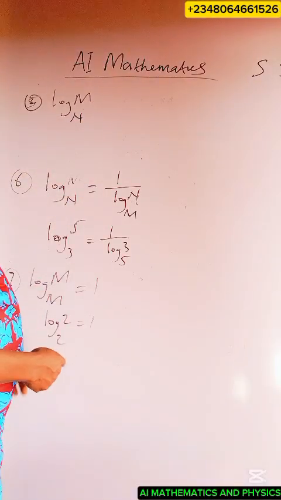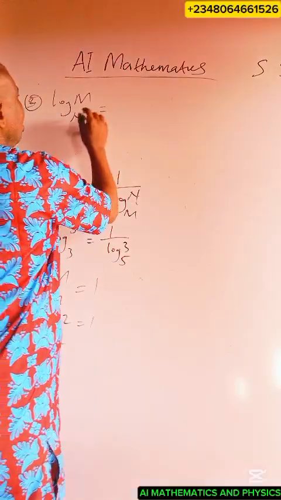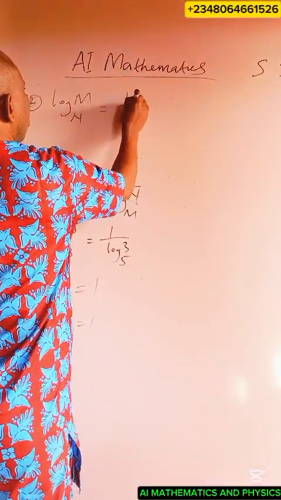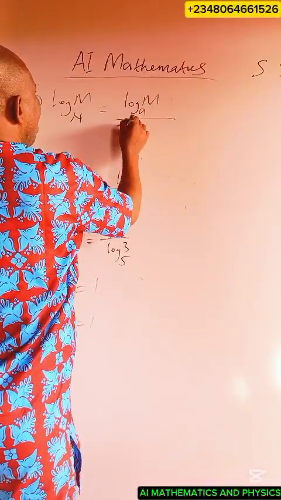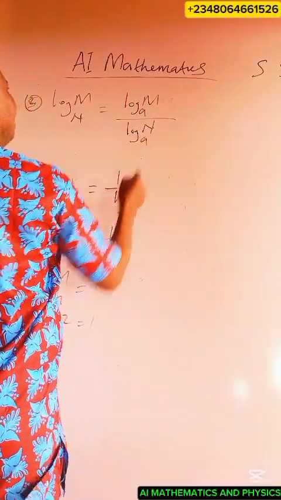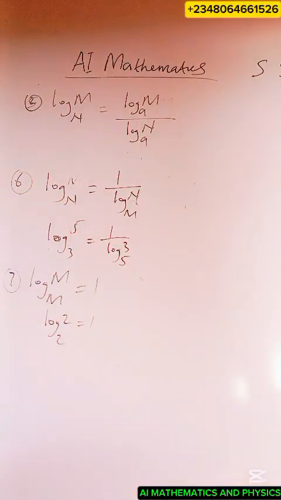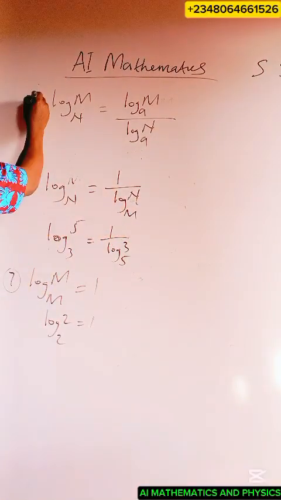You have to remove n from the base. That will give us, take the first one, log m base a over log n base a. So that is another very important rule. This base rule.